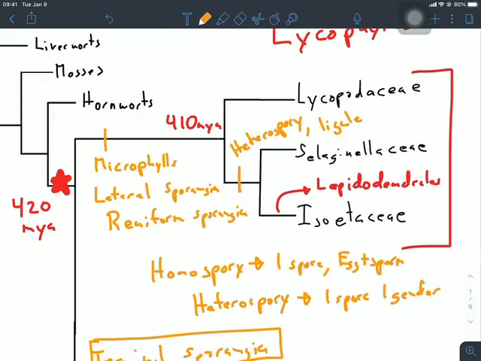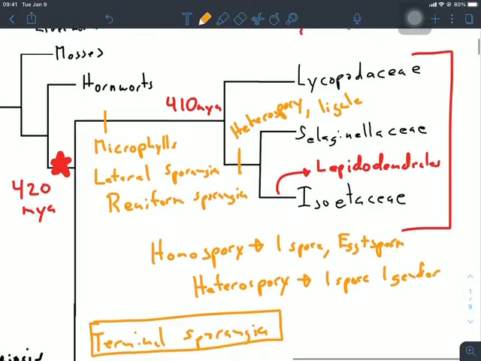A ligule is kind of the equivalent for our microphyll plants, a small outgrowth at the base of the leaf that is in a triangular shape frequently. I'll point them out when we look at them later.